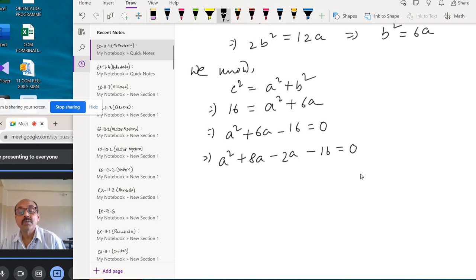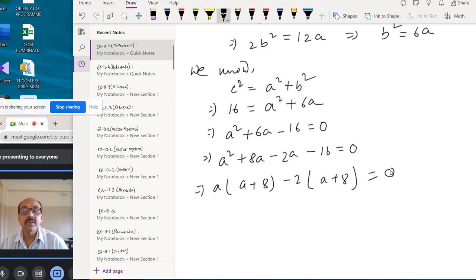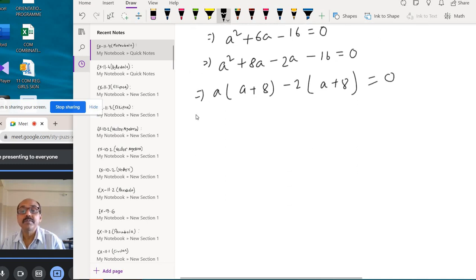From the first two terms a is common, from the last two terms 2 is common, so (a plus 8)(a minus 2) equal to 0.